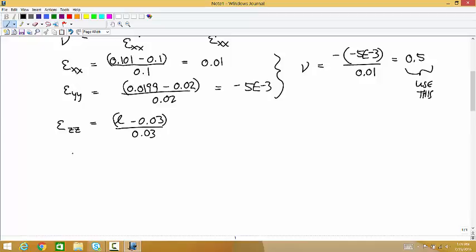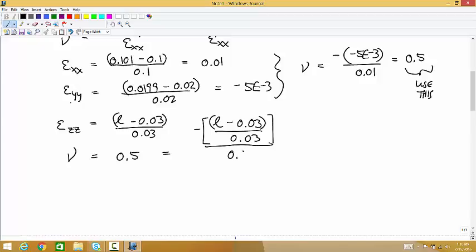And Poisson's ratio is 0.5, and that's equal to negative of the ZZ strain divided by the XX strain.